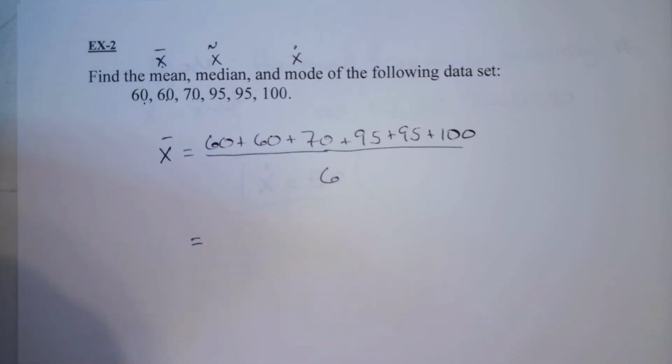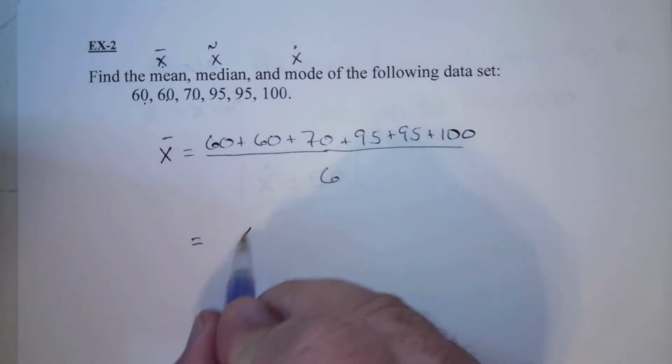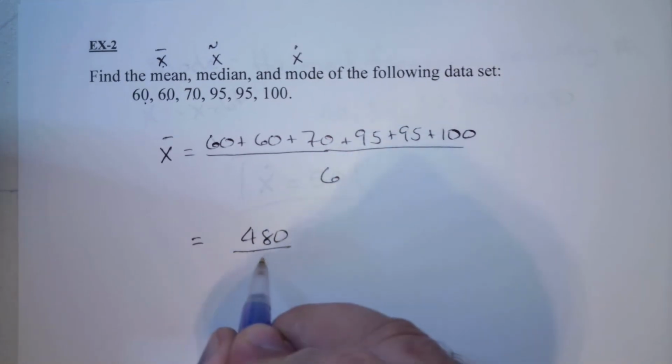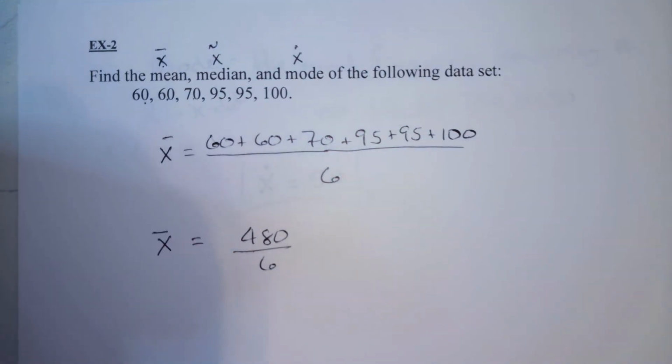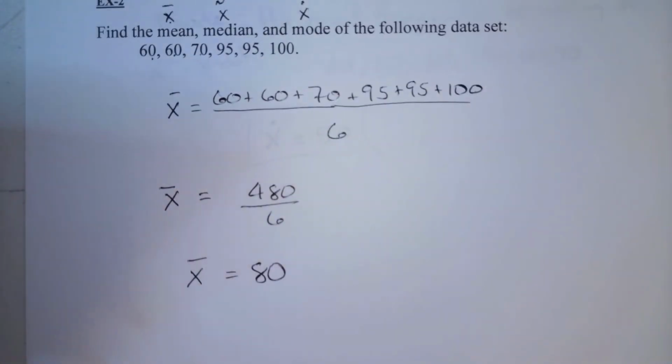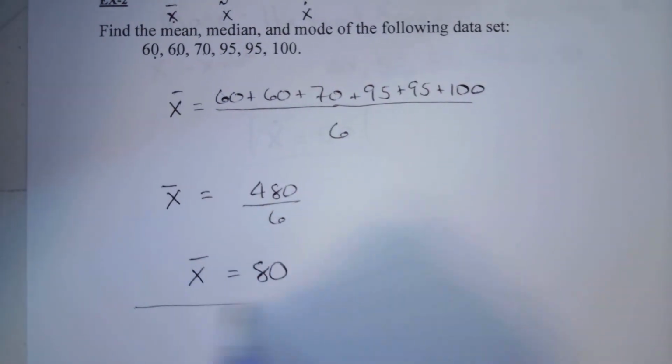So I have 60 plus 60 plus 70 plus 95 plus 95 plus 100. It's 480, divided by 6, we get 80. So the average of that data group is 80. All right, that's the mean.